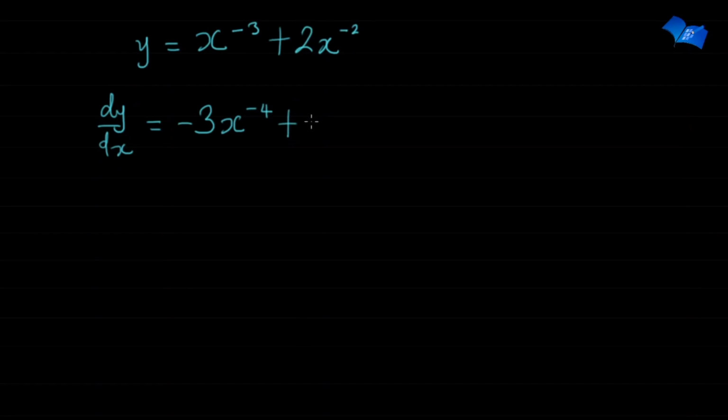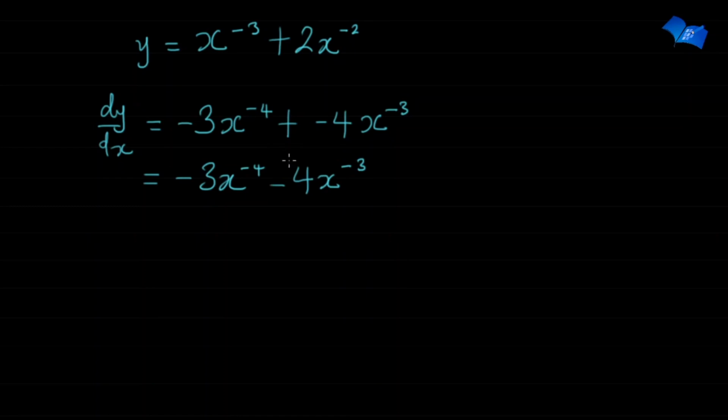That will be minus 2 times 2 is minus 4. x raised to the power, we'll reduce this by 1. That will be minus 3. So this will be minus 3x raised to the power minus 4. Then minus 4x raised to the power minus 3.